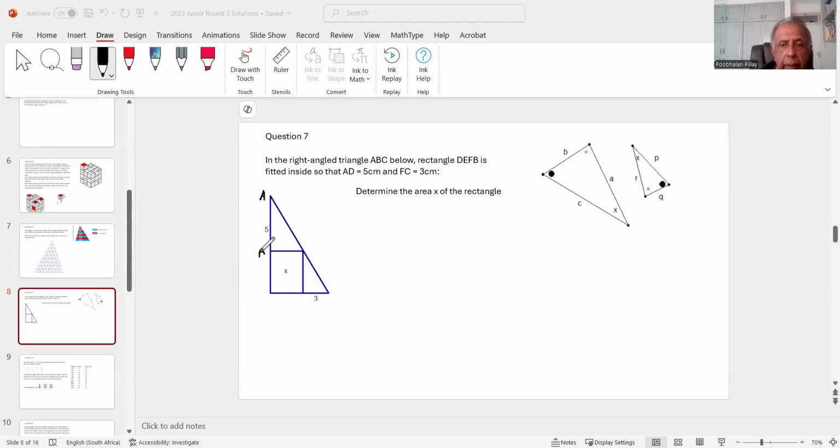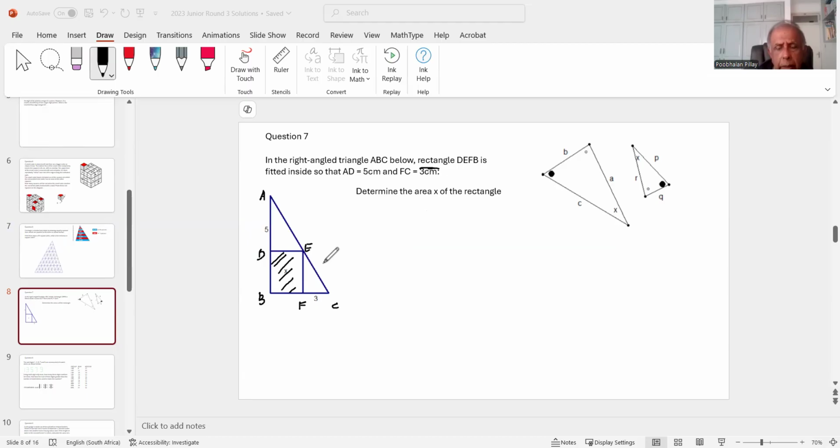AD is 5, and FC is 3. Okay, this is E. DEFB is a rectangle. So this is a rectangle here. You're given this, that, and you're asked to find the area X of the rectangle. So you're asked to calculate the area of this rectangle.